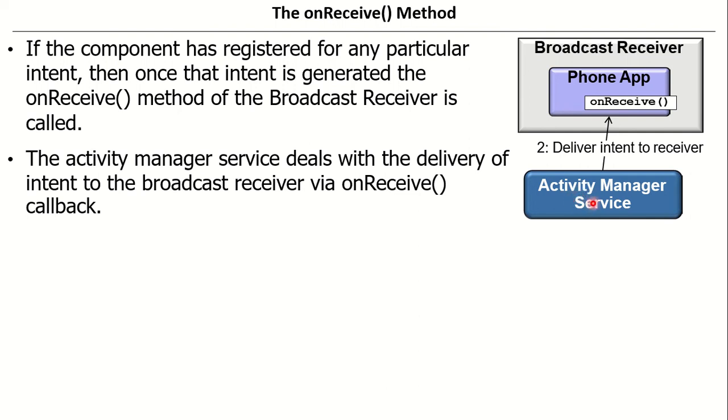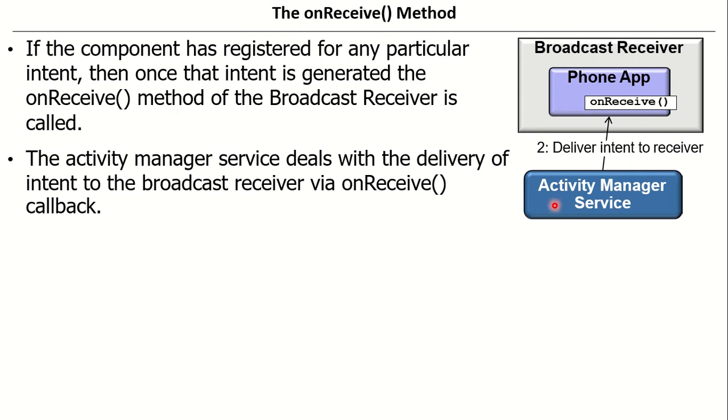The intent or the message might have come from a different application or from the system. For example, battery low can be an intent. Any application that wants to know whether the battery has come down can register that intent in the activity manager. Once the battery has come down below a threshold, the message will be broadcast by the corresponding application or the system.